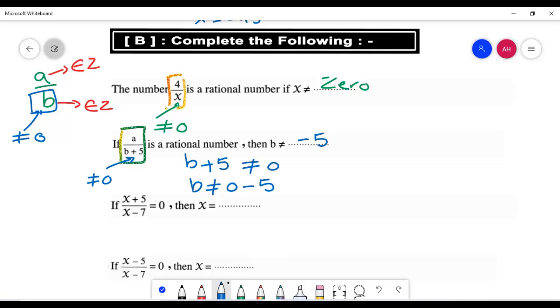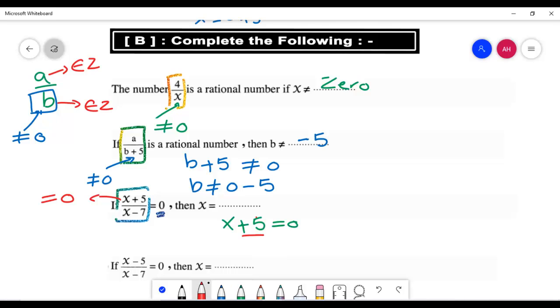Let's go for the next one now. (x + 5)/(x − 7) = 0. Then x is equal to... We said before that when a fraction is equal to 0, I am looking at the numerator, and I want my numerator to be equal to 0 in order to have this fraction equal to 0. x + 5 is equal to 0.